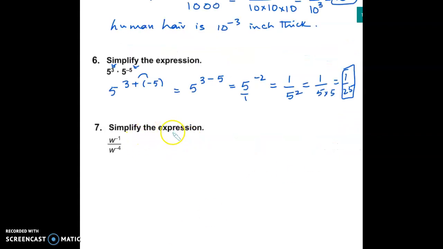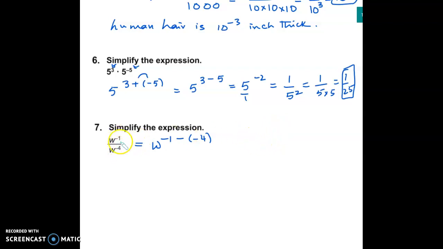Now we have to simplify the expression w to the negative 1 over w to the negative 4. So in the second lesson we learned when you divide the exponents, we have to subtract the exponents. So we're going to keep the base as w, and the exponents are negative 1 minus negative 4. So remember again, this is the quotient of powers rule that we are applying here.